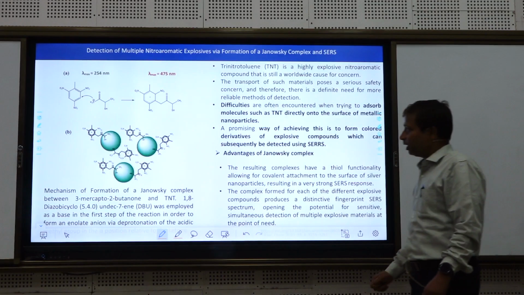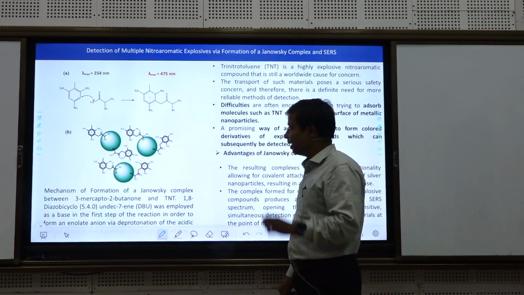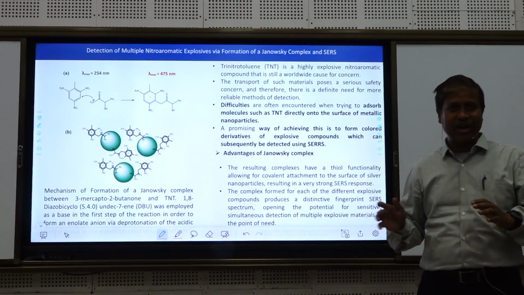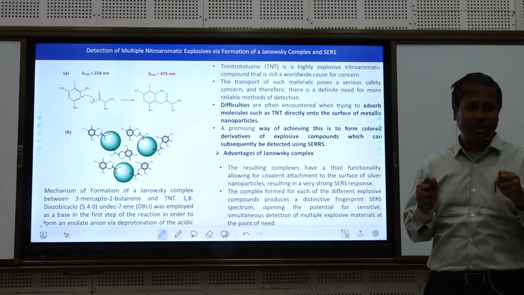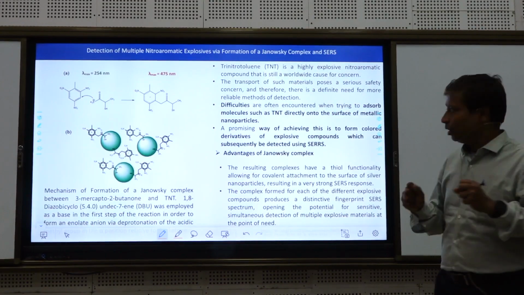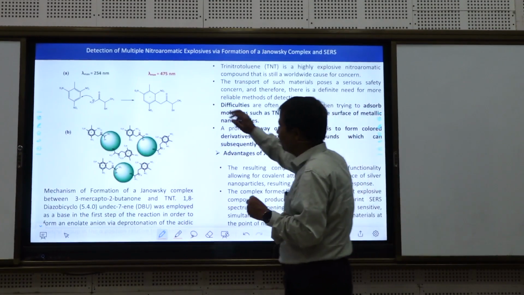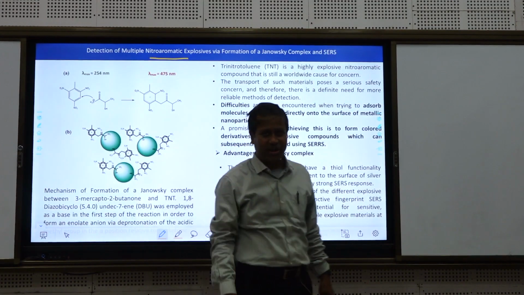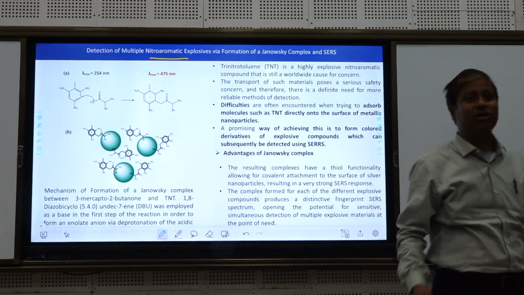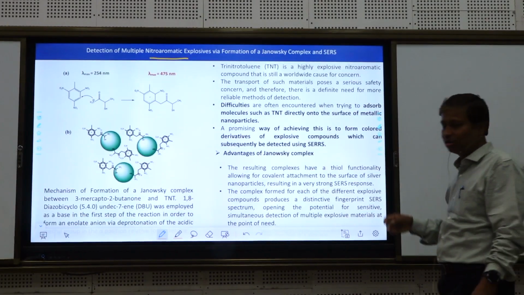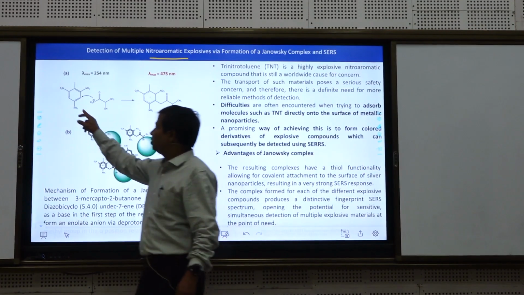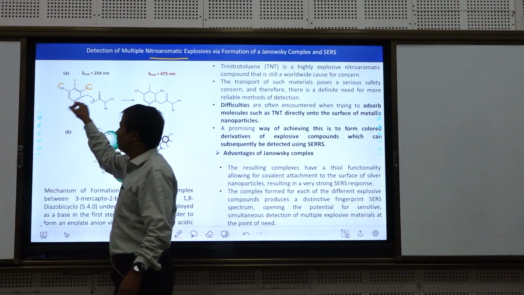This one is another interesting one. Why is it interesting? Because through this technique, you don't directly detect the explosive. It is written: detection of multiple nitroaromatics. You know, there are some nitroaromatics which are explosive. TNT is also one of the nitroaromatics. This is three nitro groups on a toluene.